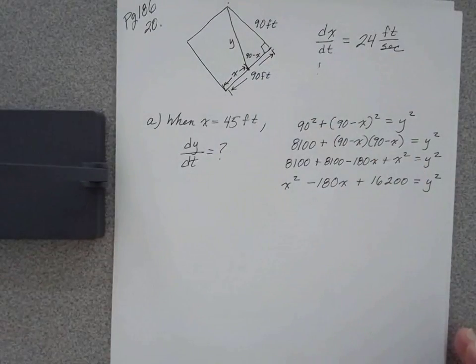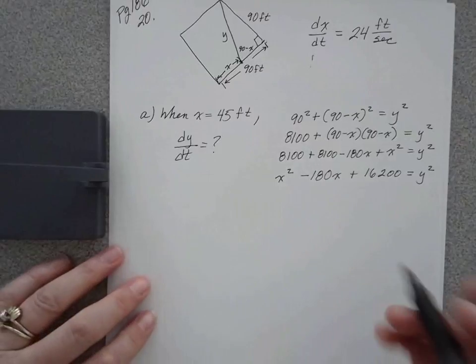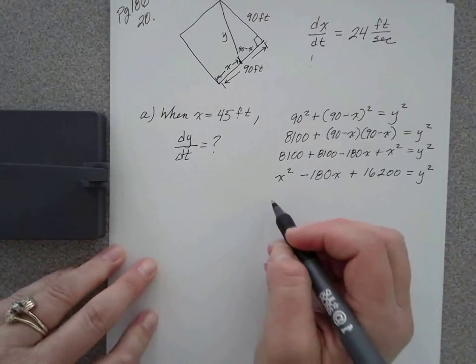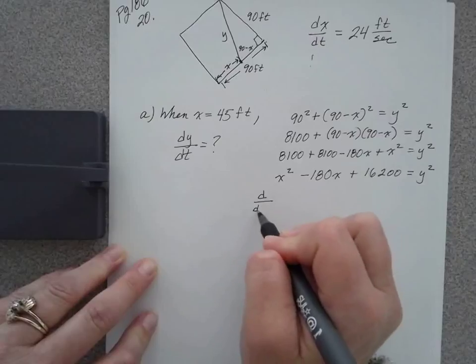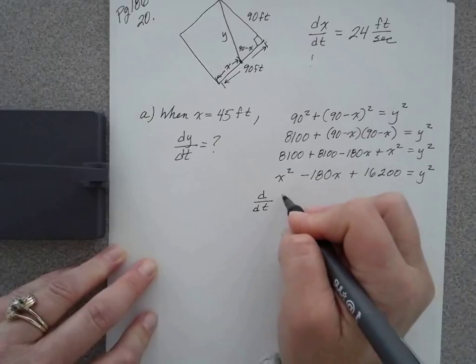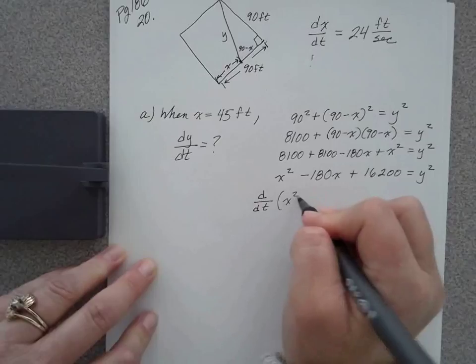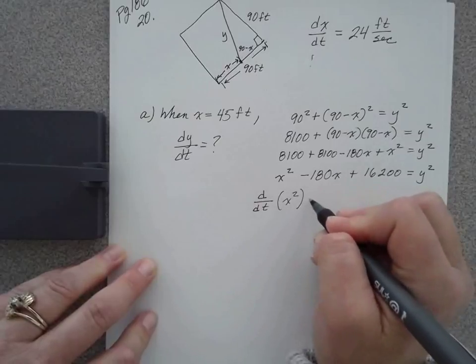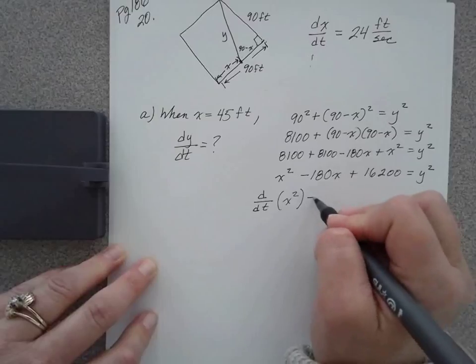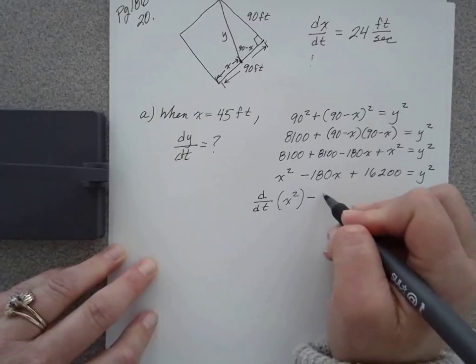Now take the derivative of both sides, with respect to t. Of x squared minus 180.